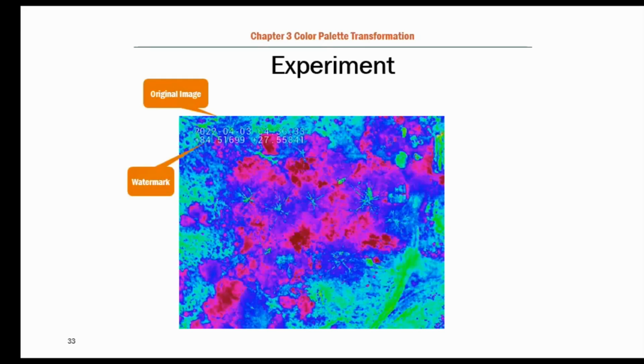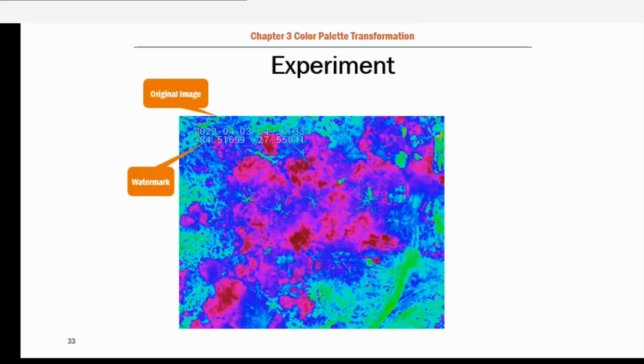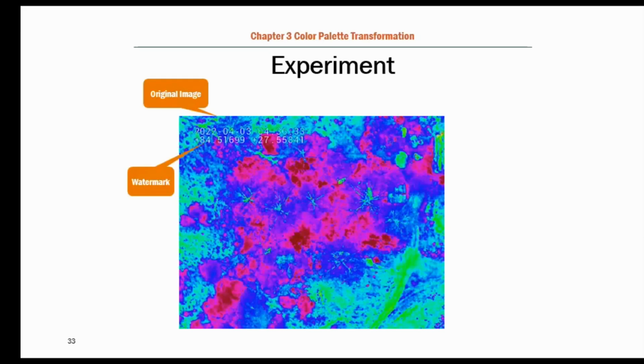This is a kind of watermark. In this context, if you want to use deep learning to detect objects, a watermark is a kind of noise information. So this information may have a negative effect on the model's detection accuracy.